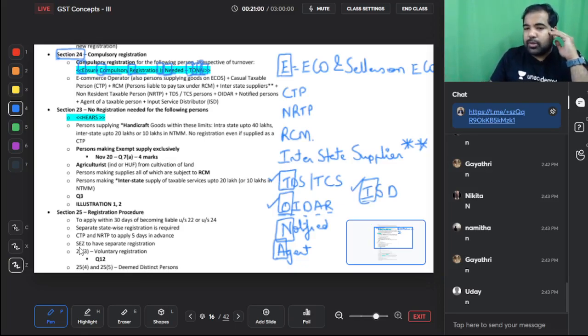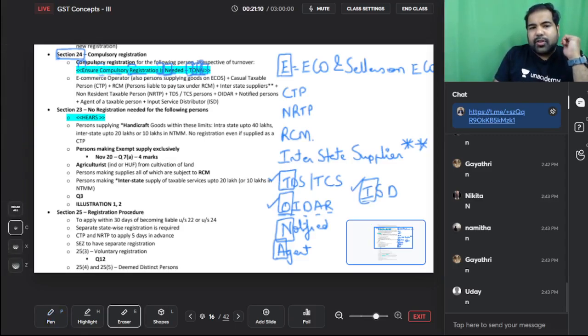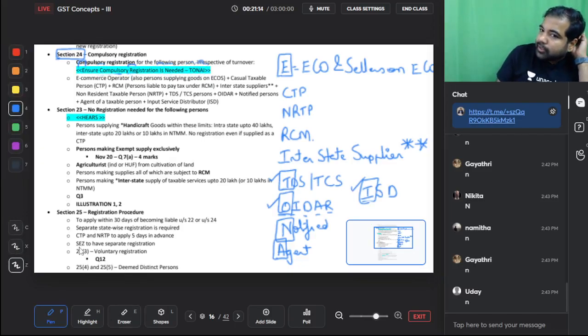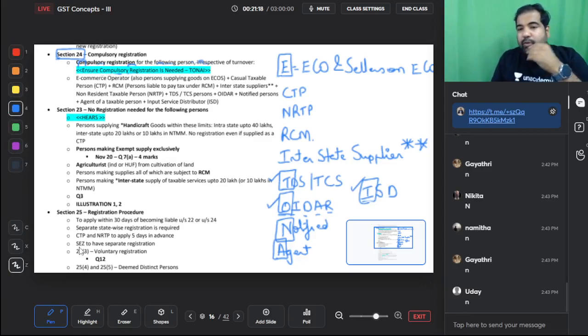So that is called input service distributor. Guys, these three terms you don't need to know except the short form and full form. That's all. Nothing else at CA inter level. So ensure compulsory registration is needed. TONAI is the shortcut for compulsory registration. Once you are supposed to be compulsorily registered, you don't have to check the turnover. You have to immediately go and register yourself.